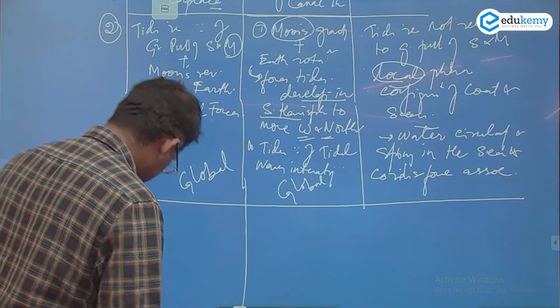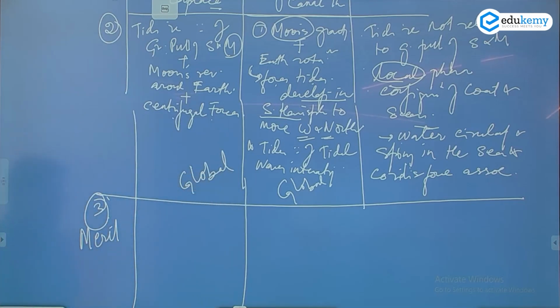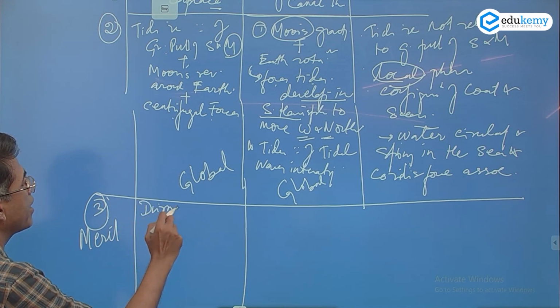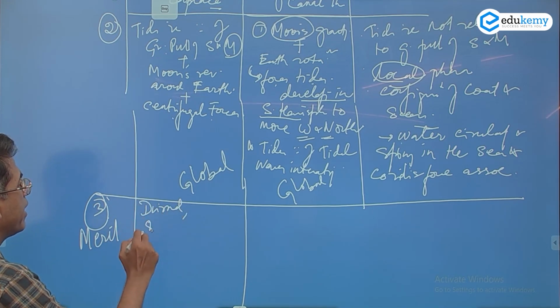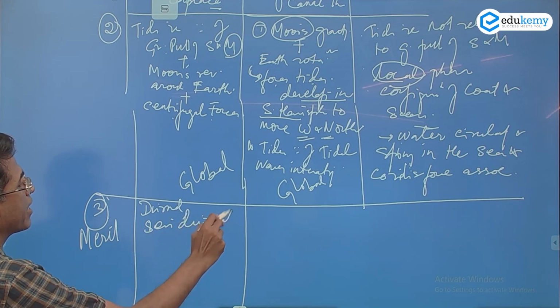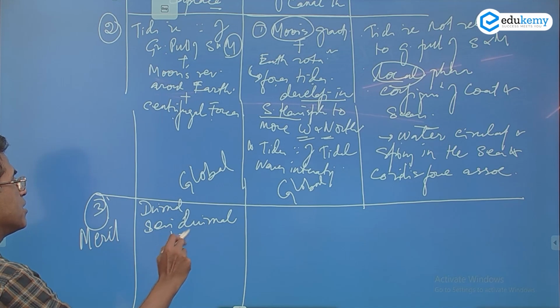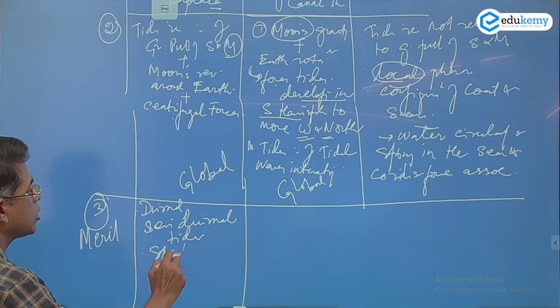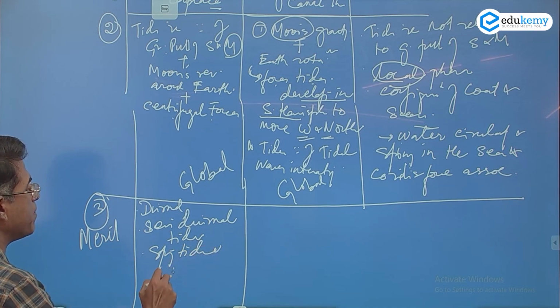So, if I talk about the merit, what is the advantage? The advantage is that Newton's theory can explain diurnal tides, semi-diurnal tides, and it can also explain spring tides and neap tides.